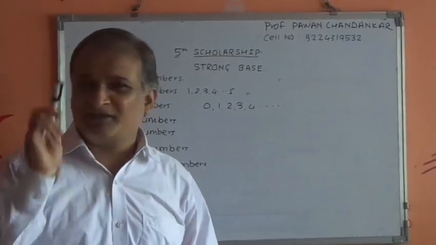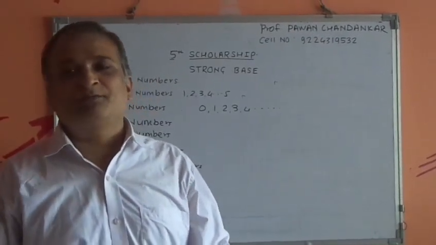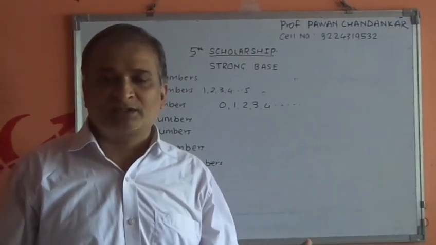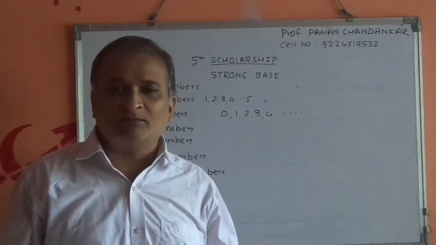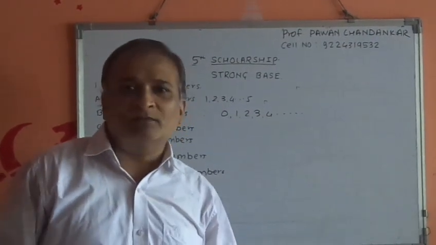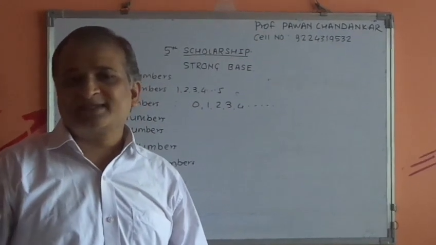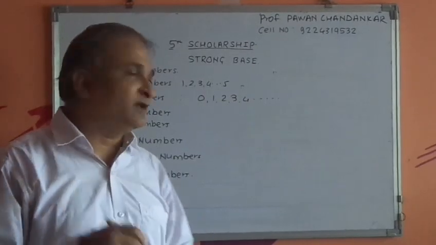The first definition is very simple. Numbers which are divisible by 2 are called even numbers, or any number which ends with either 0, 2, 4, 6, 8. All these numbers we call even numbers.